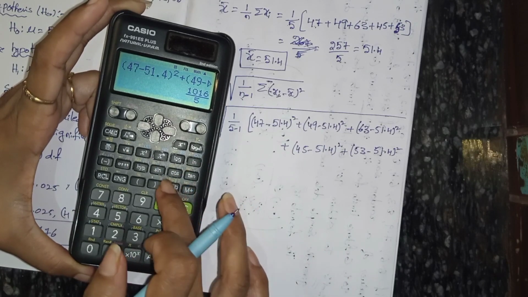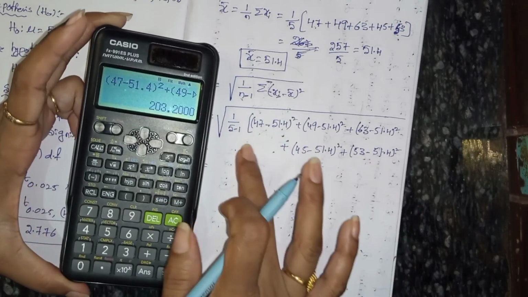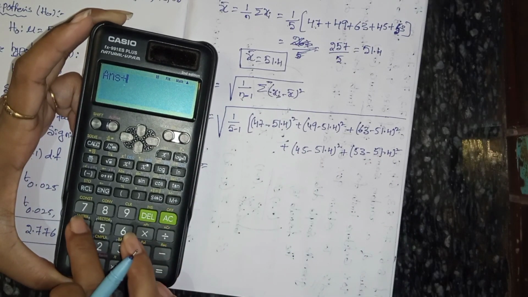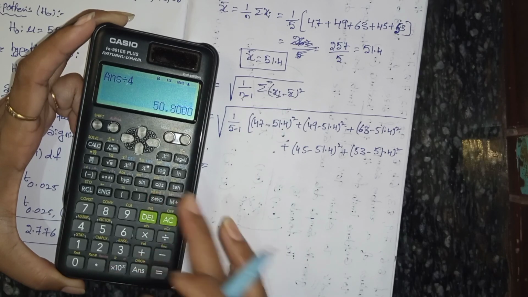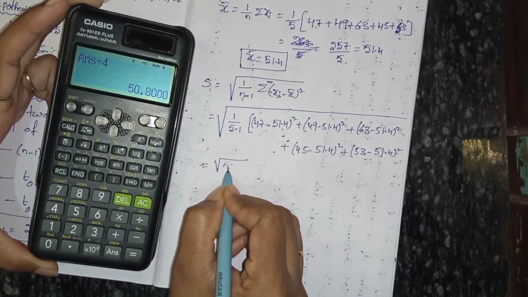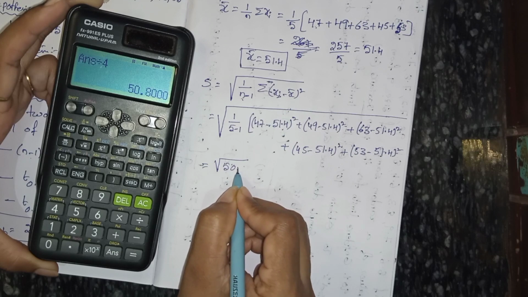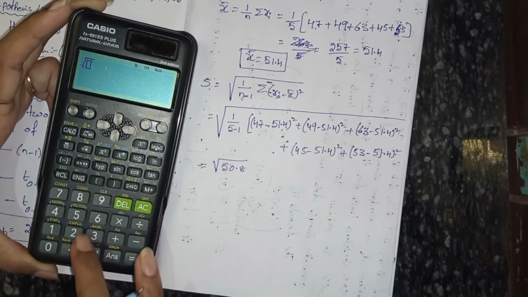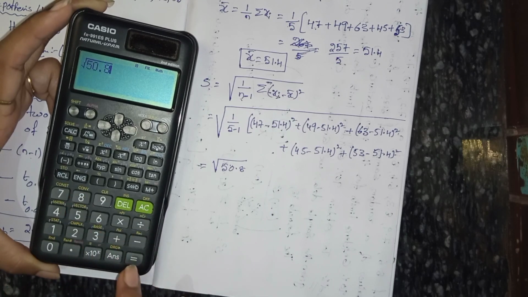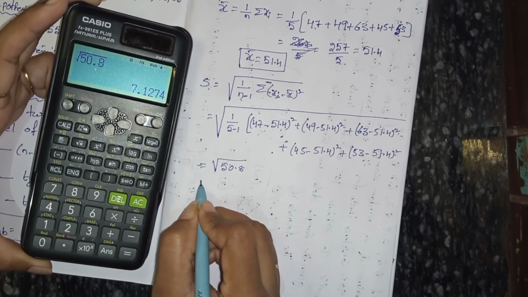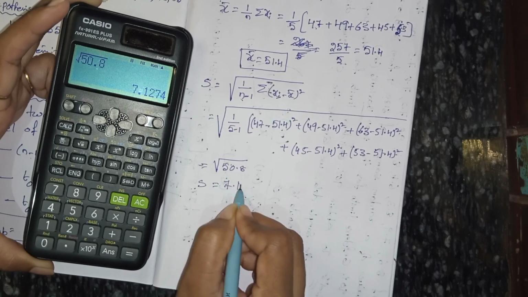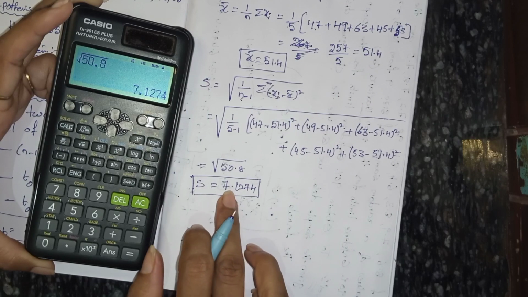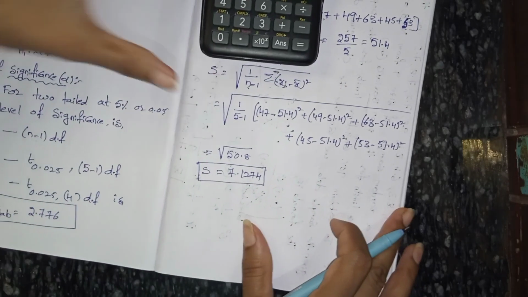That equals 203. 203 divided by how much? 5 minus 1, that is 4. So it equals square root of 50.8. So the square root of 50.8, so s equals 7.1274. Now we'll substitute in the formula.